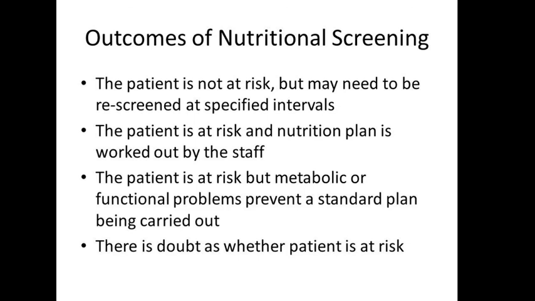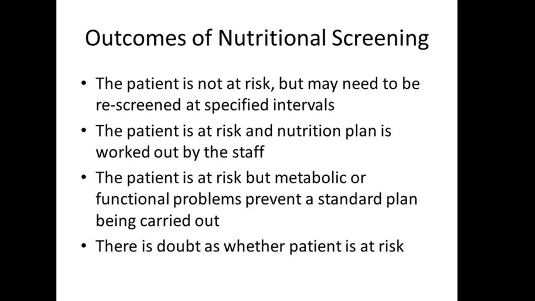And the third outcome is that the patient is at risk, but metabolic or functional problems prevent a standard plan from being carried out. That means you come to know that the patient is at risk, but the implementation of the standard nutrition care plan will not be sufficient, because his metabolic or functional problems are barriers to implementing the standard plan.